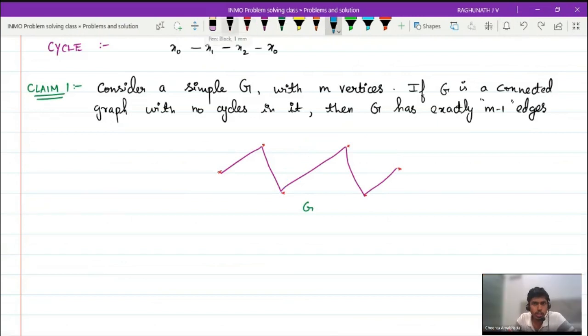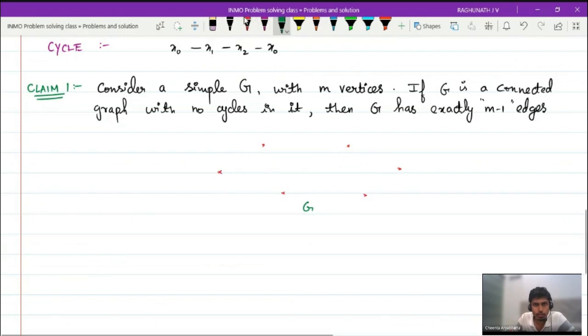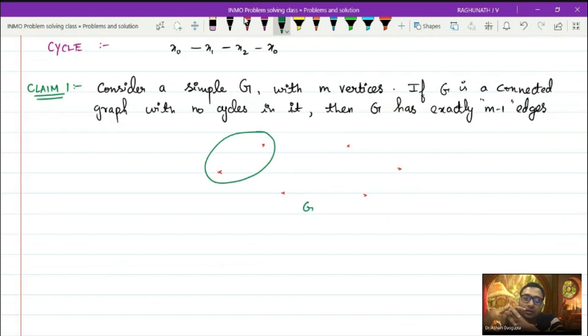There is also a rigorous proof: you just have to inductively consider the vertices one by one and form a subgraph. And how will you define the subgraphs inductively?